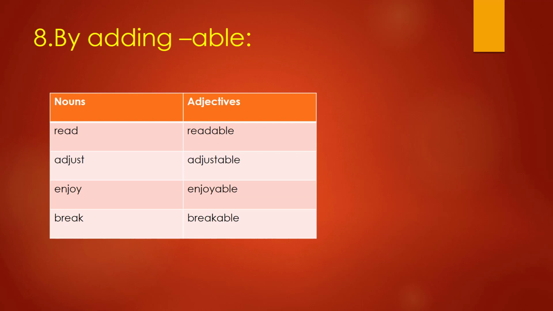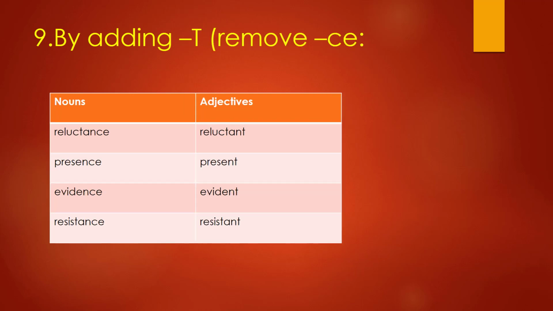The next one is able. It shows the ability. Read becomes readable, adjust becomes adjustable, enjoy becomes enjoyable, and for break we have breakable. Lastly, we have t.